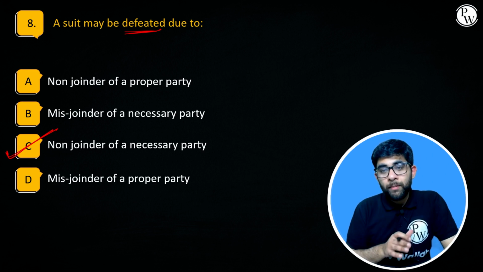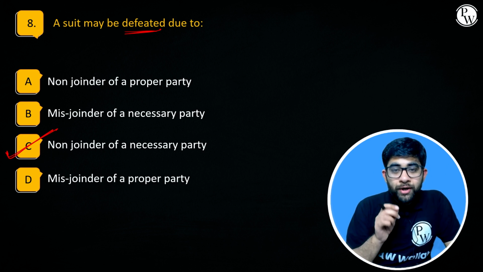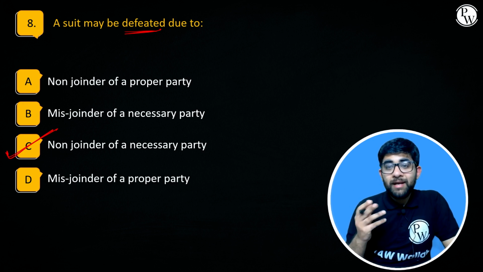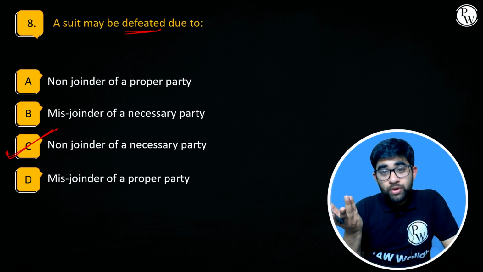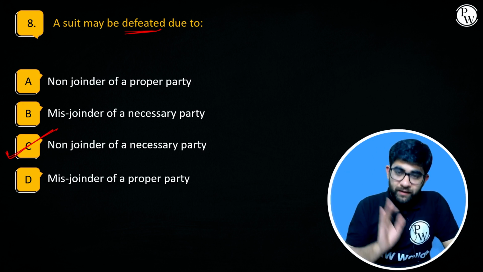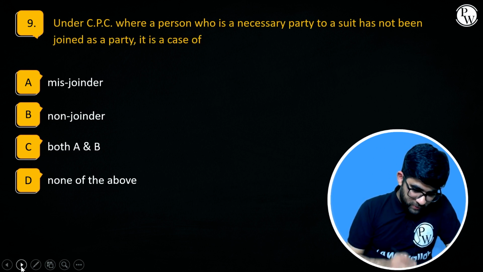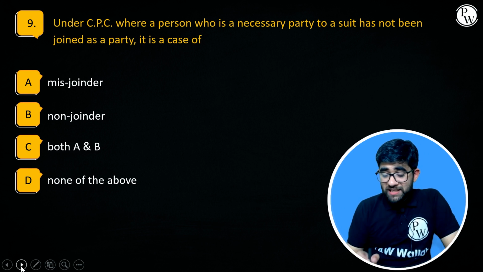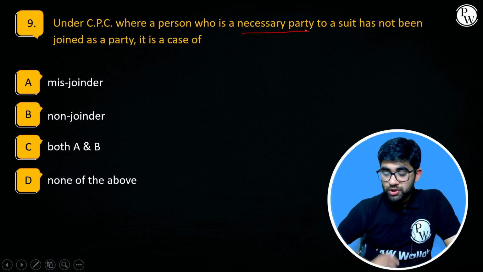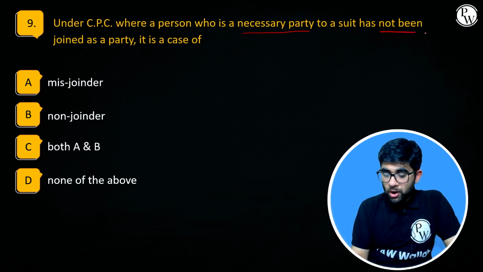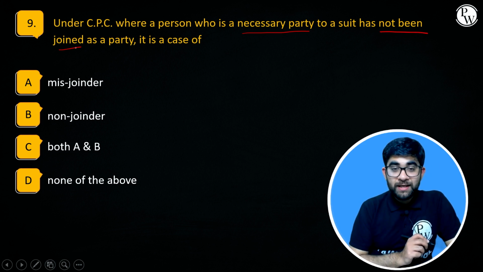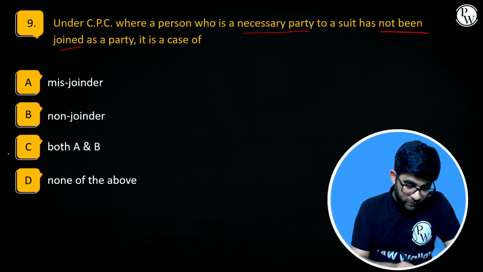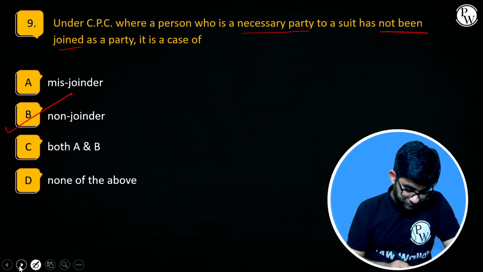Since there is non-joinder of a necessary party, the relief claimed cannot be granted against who is not being impleaded. So the suit will be defeated. Next, under CPC, where a person who is a necessary party to a suit has not been joined as a party, it is a case of, again, non-joinder. The answer to this is non-joinder of parties.